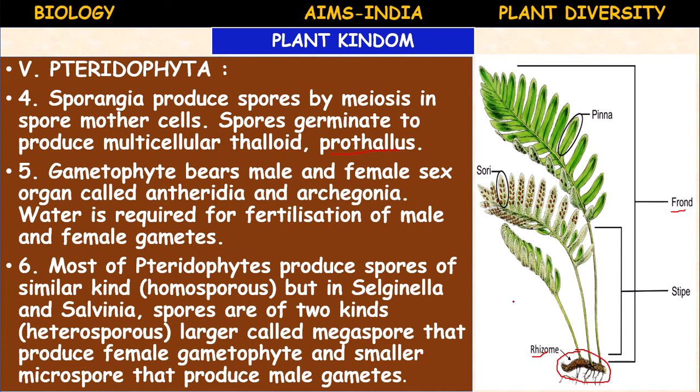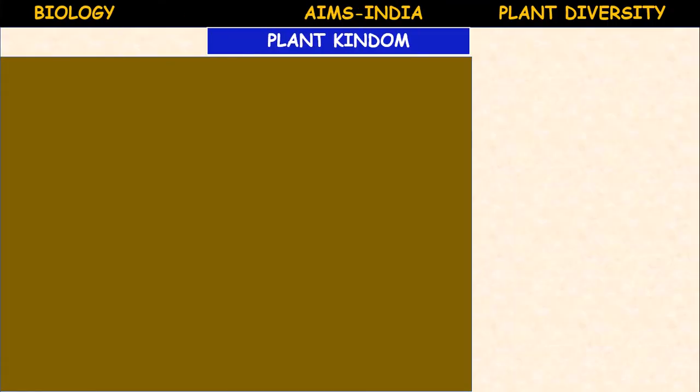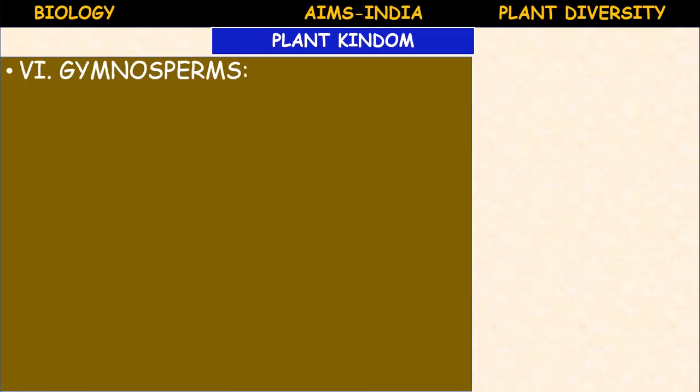Most of the pteridophytes produce similar kind of spores, that is homosporous. But in Selaginella and Salvinia, heterosporous spores are produced. In the heterosporous spores, the larger one, the megaspore, produces the female gametophyte, and the smaller one, the microspore, produces the male gametophyte. Now in this heterosporous condition, the megaspores and microspores germinate and give rise to female and male gametophytes respectively.